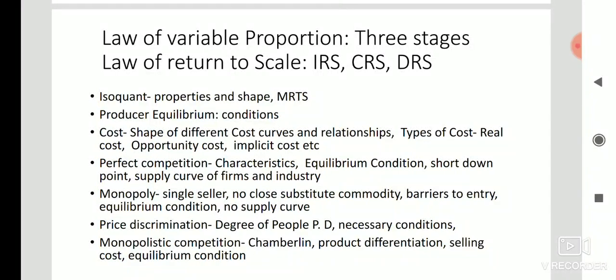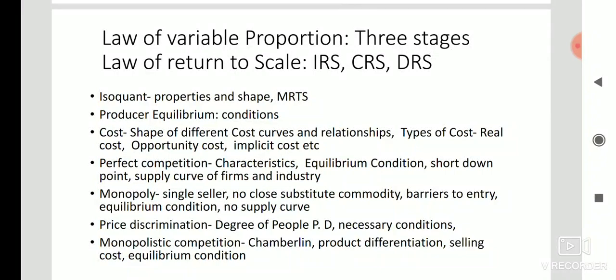Total fixed cost TFC is a straight line, and the TVC curve has an inverse S shape which reflects the law of variable proportion. So TFC is a horizontal straight line and TVC is an inverted S shape curve.